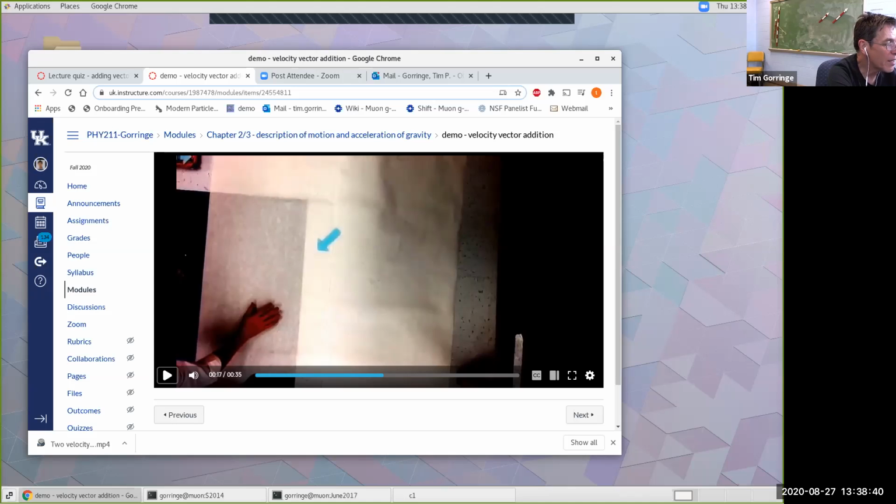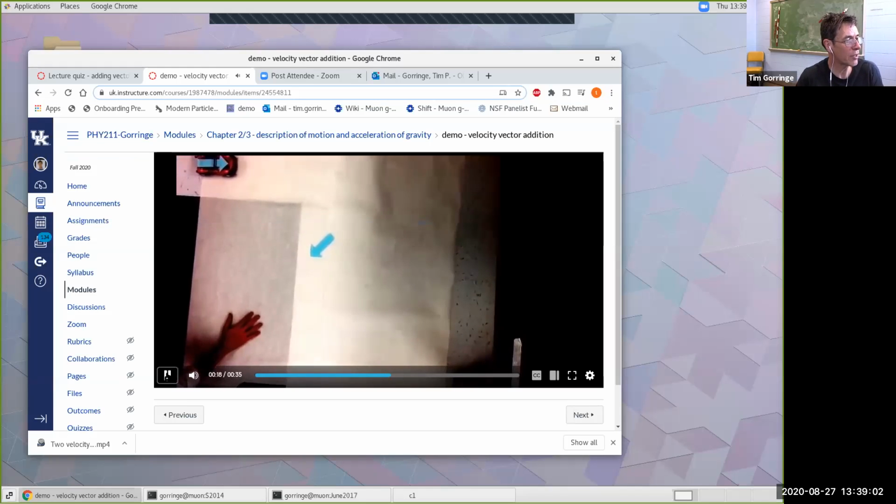And so in this particular section of the video, we're going to be adding together this left to right horizontal velocity vector, and this angled velocity vector that's both downwards and towards the left. And so let's see the vector addition of these two. So the truck gets on the paper here.